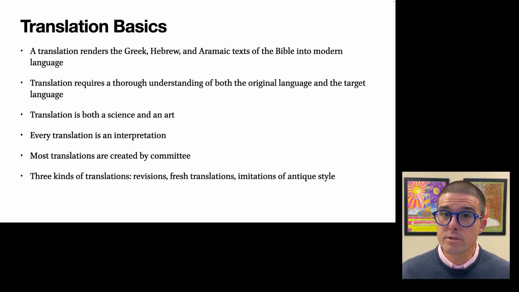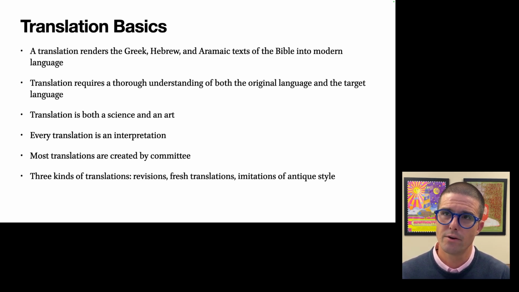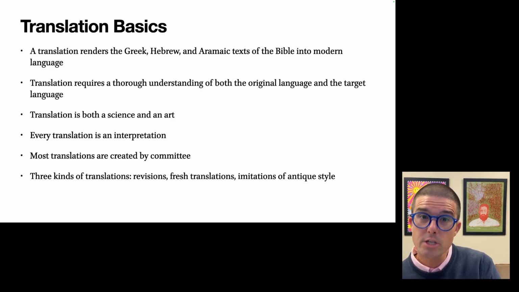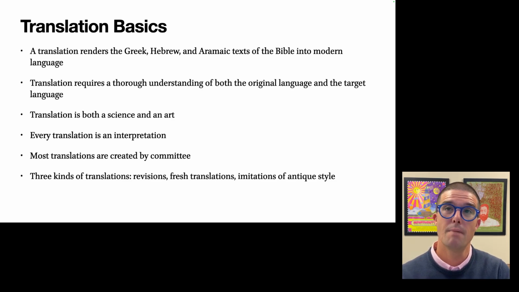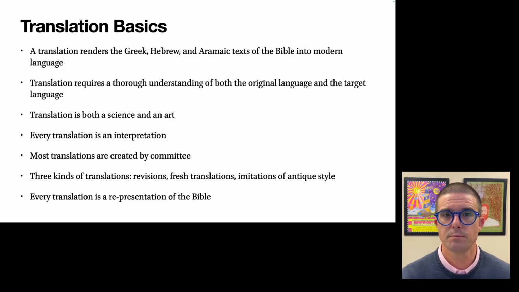One of the most common things these translations will do is imitate the antique style of the text, concerned with how the Hebrew is poetic in certain ways, and bring out that poetry in a way that doesn't always reflect English artistic sensibilities, but might reflect the artistic sensibilities of the Greek language or the Hebrew language.